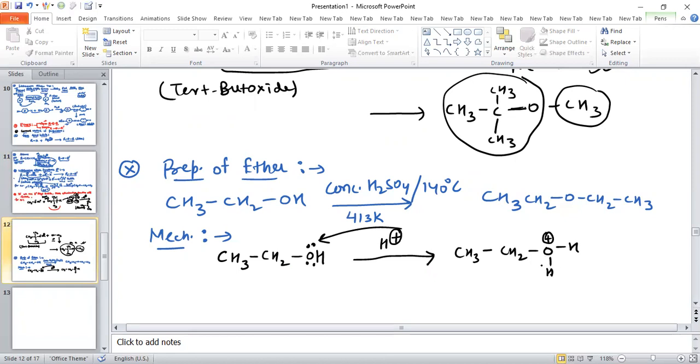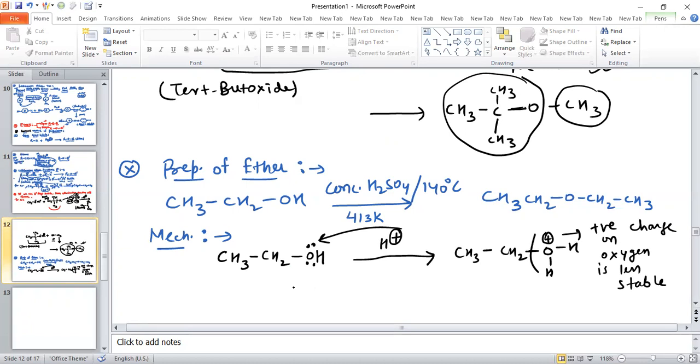Now see what happens. You already know what will happen. We know positive charge on an oxygen atom is less stable. So when the positive charge on oxygen is less stable, this bond will break.